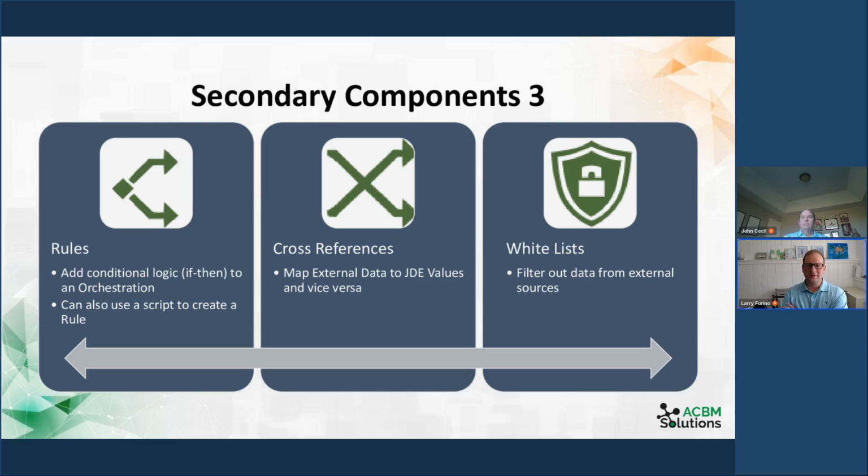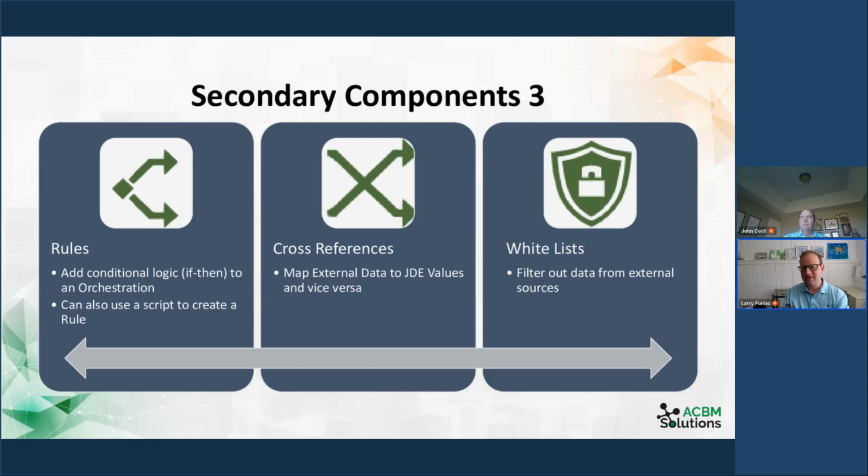The cross-reference, I think, kind of like with the assertions, is one of the most underutilized components in Orchestrator. The cross-references allow you to map external data to JDE data. And I think this is something that a lot of people struggle with when they're building integrations. They start trying to build these maps, and these maps sort of live nowhere, and they're hard to maintain, and it just gets unruly.